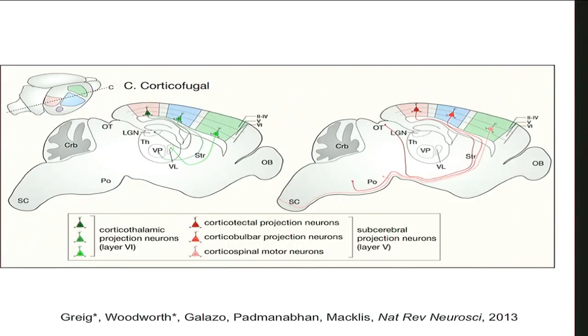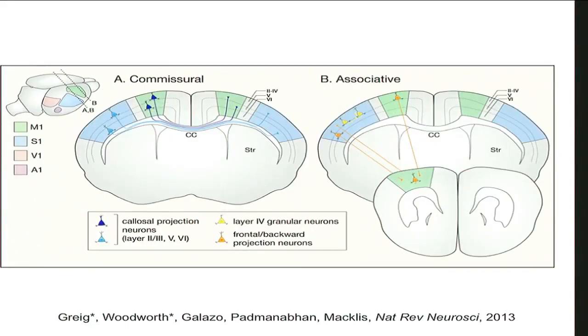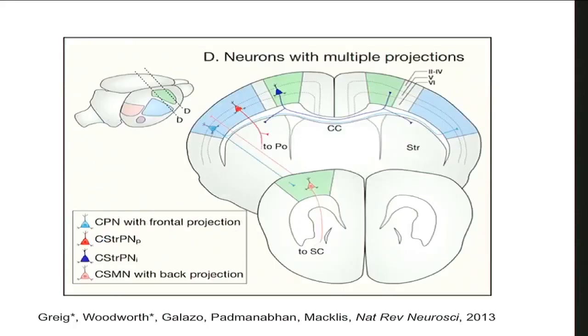There are area-specific output neurons that go to the brainstem or the spinal cord for motor or sensory function. There are commissural, or in this case, callosal projection neurons that do the point-to-point connectivity, associating, integrating across different sensory and motor and integrative modalities. There are associative neurons ipsilaterally, but the ones I want to point out to you most for this talk are underappreciated, and by many, it's a surprise.